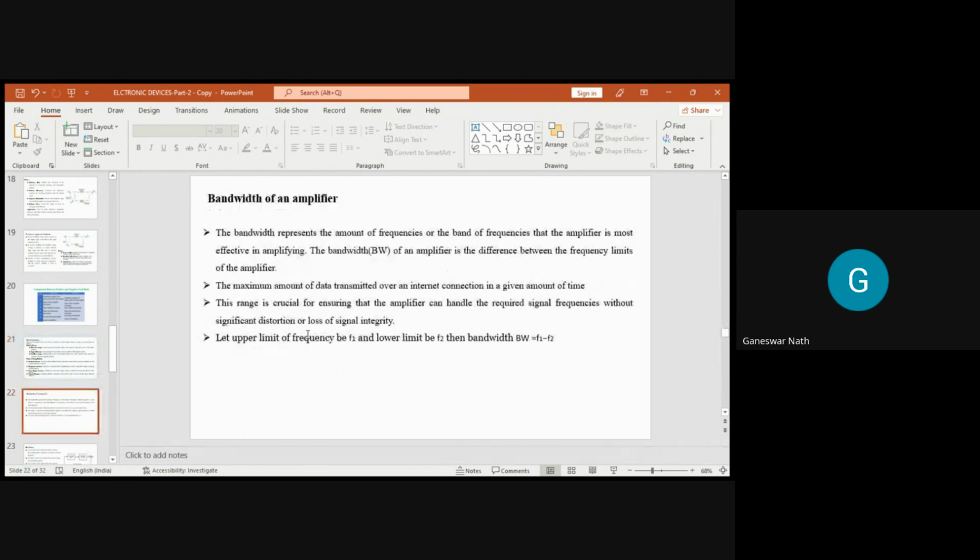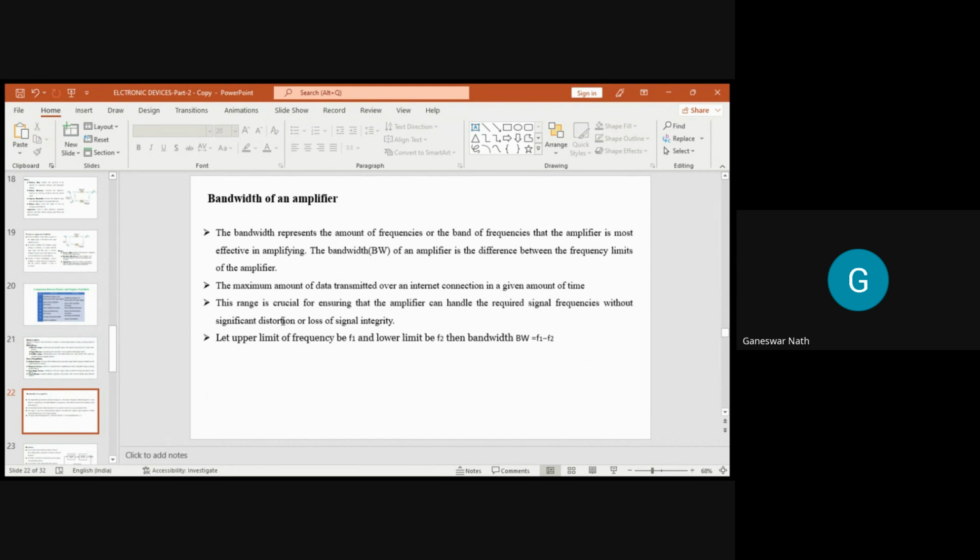Then I'm coming to the bandwidth of an amplifier. What is the meaning of bandwidth? Bandwidth represents the band of frequencies that the amplifier is most effective in amplifying.